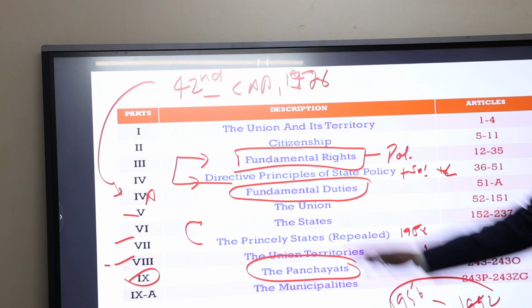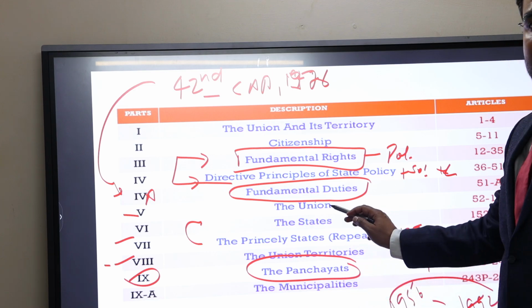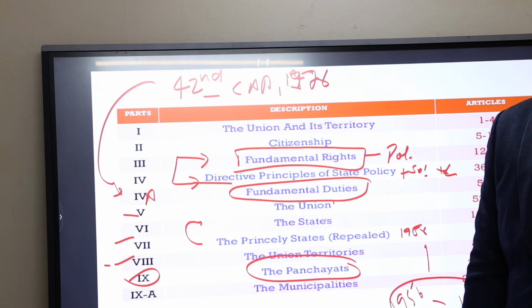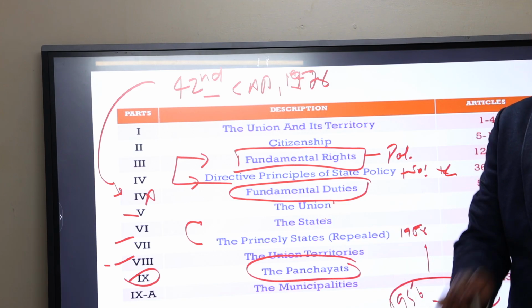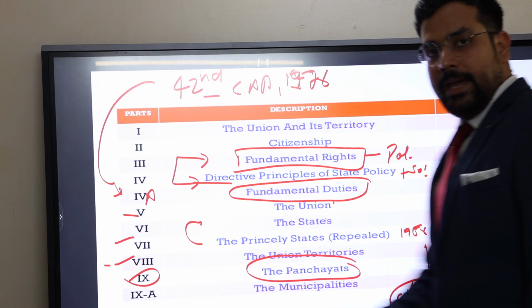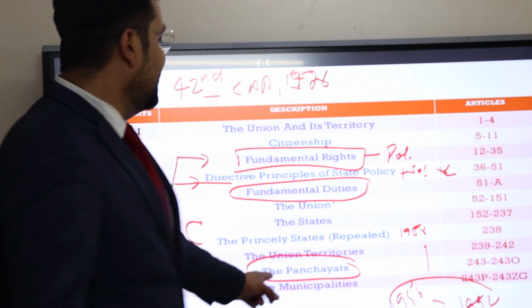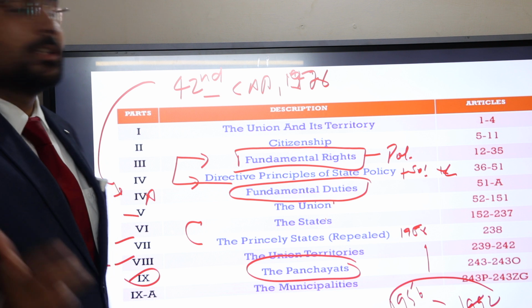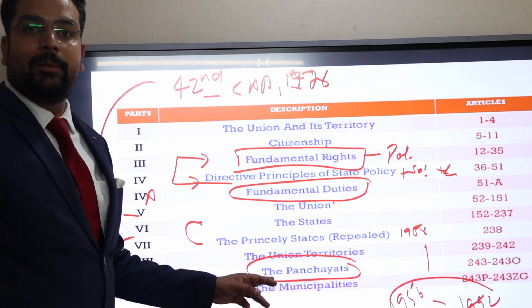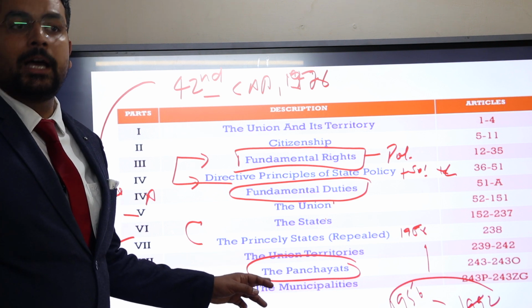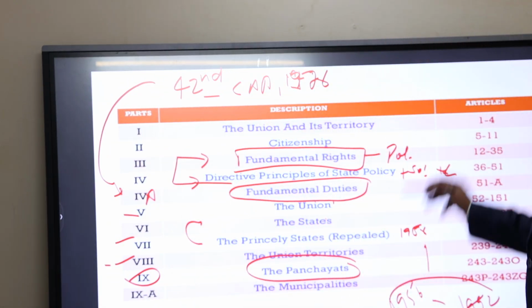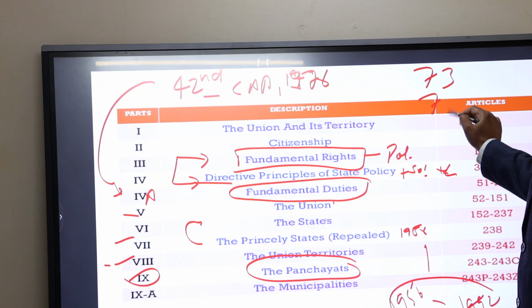Now again we will see here, this is union, center level, part 5, part 6 and part 8. These are more or less the same as state. And here comes part 9 that deals with Panchayati Raj. We can say rural Swaraj. Rural Swaraj means the self-government of rural areas. Panchayati Raj was brought in 1992. There were 2 amendments made, 73rd and 74th.